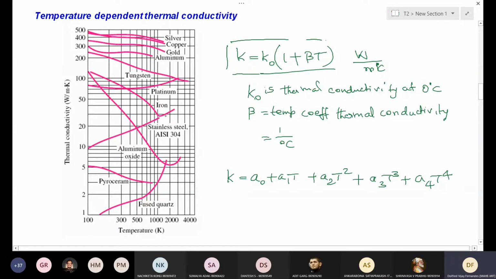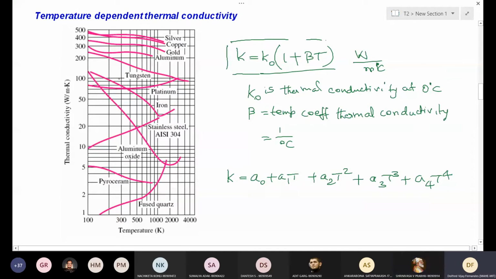Tungsten. Fused quartz. Tungsten. Then stainless steel. Yes, they show an increase in thermal conductivity, and also platinum, you can say for higher temperatures. It shows an increase in thermal conductivity.